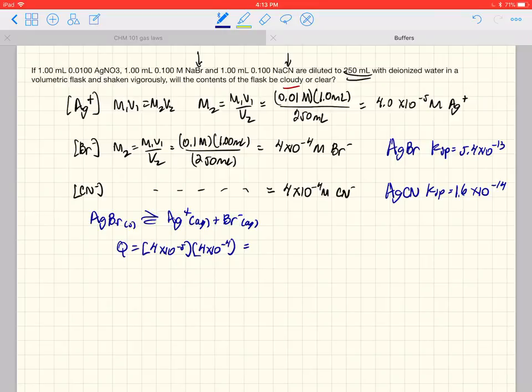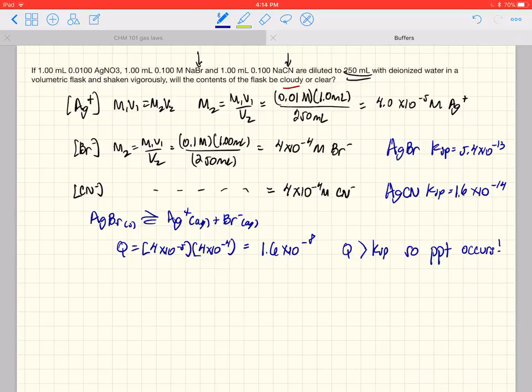And I get a value of 1.6 times 10 to the negative 8. Okay, and at this point we want to compare that to the KSP. Q, which is 10 to the minus 8, is greater than KSP, which is 10 to the minus 13. So a precipitation occurs. PPT means precipitation, or precipitate.